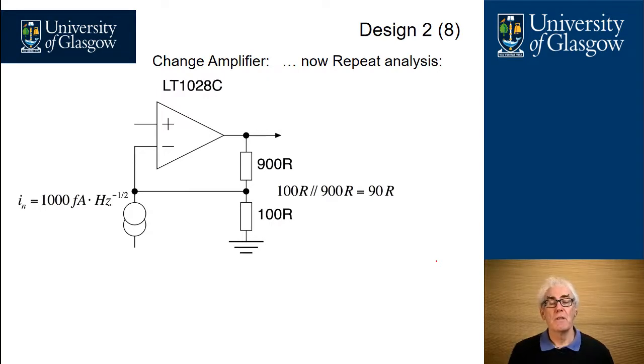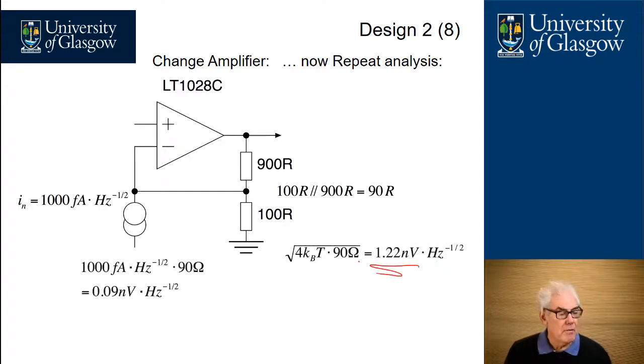Exactly the same as we did with the TL071, but this time we will use the parameters for the LT1028C. From our feedback resistor, because we've now gone from 900 ohms down to 90 ohms, we have reduced the noise contribution from the feedback resistor from about 3.86 nanovolts per root hertz down to about 1.2 nanovolts per root hertz.